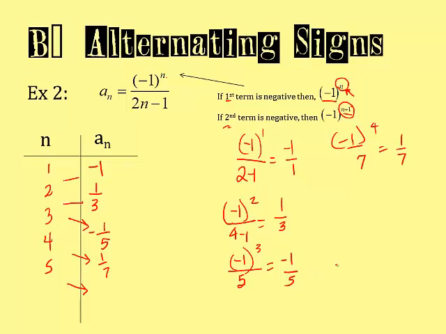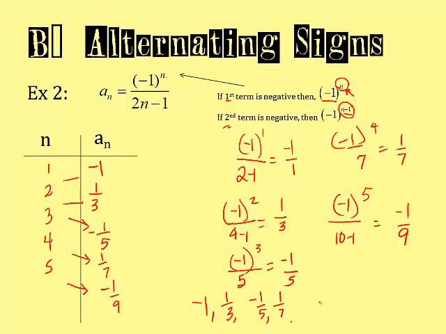And then to the fifth power, 2 times 5 is 10, minus 1. So I get negative 1 over 9. Alrighty. So there's my sequence. So it goes negative 1, positive 1/3, negative 1/5, 1/7, negative 1/9. So that's what this sequence would look like.